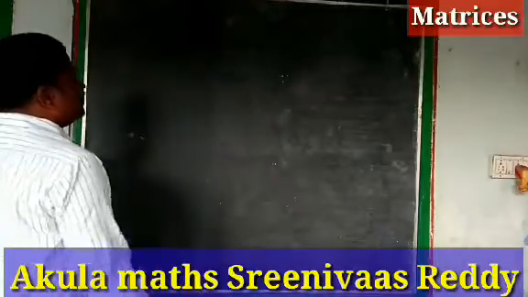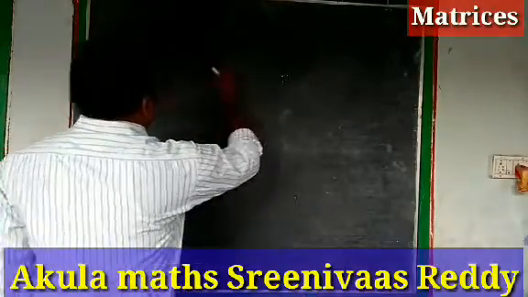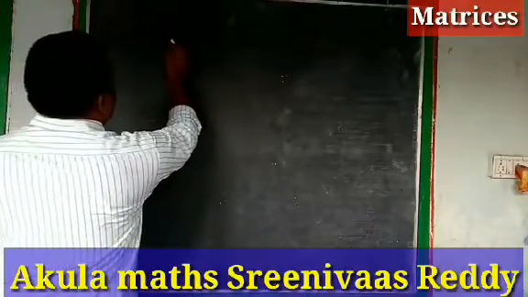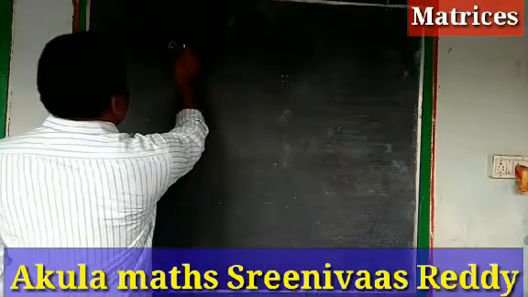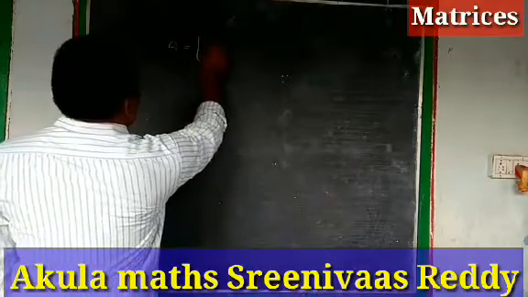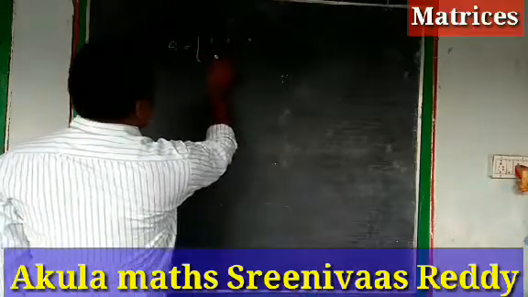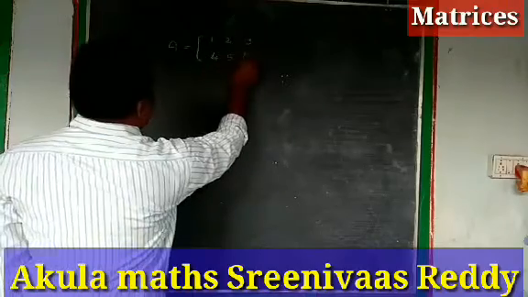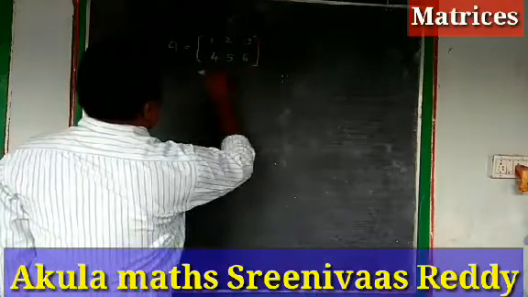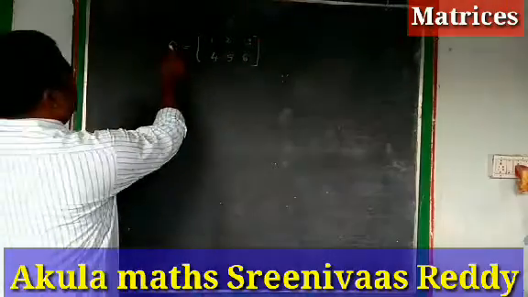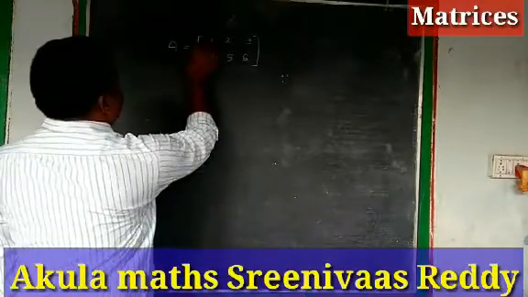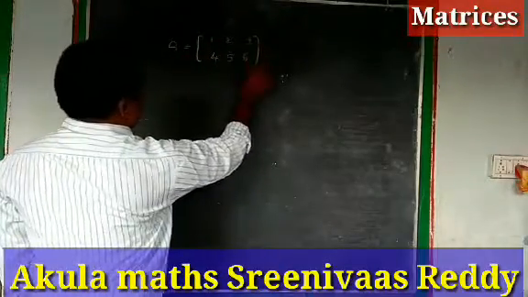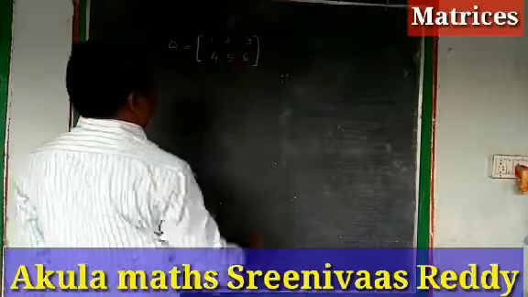For example, matrices are denoted by capital letters A, B, C, and so on. So A equals 1, 2, 3, 4, 5, 6. Here the matrix is enclosed in braces. These are the elements.